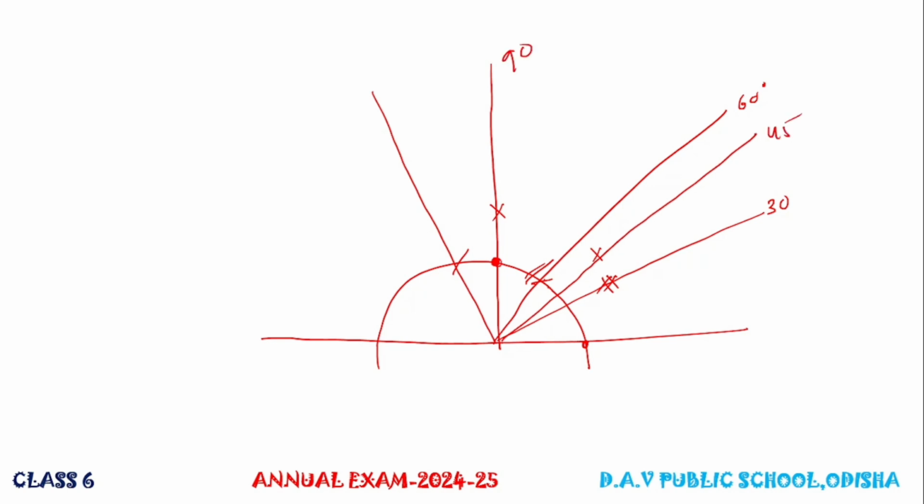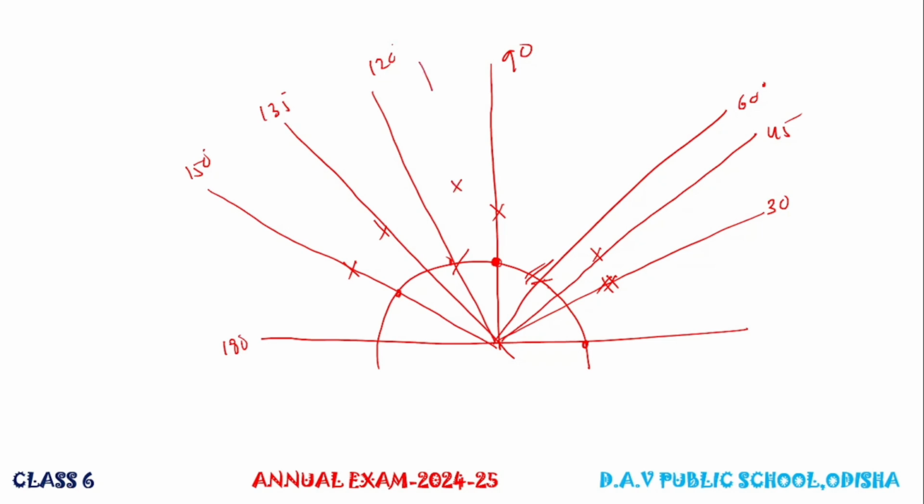This is 90, 120. Bisecting 120 and 180, we get 150. If we bisect 150 and 120, we get 135. We bisect 120 and 90 to get 105. So how do we get 105?